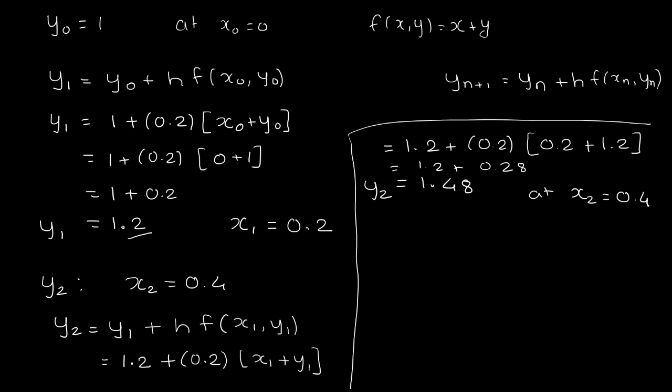Now I need the third value, y3. Y3 will be y2 plus h times f of x2 comma y2, and y3 will be at x3 equal to 0.6.